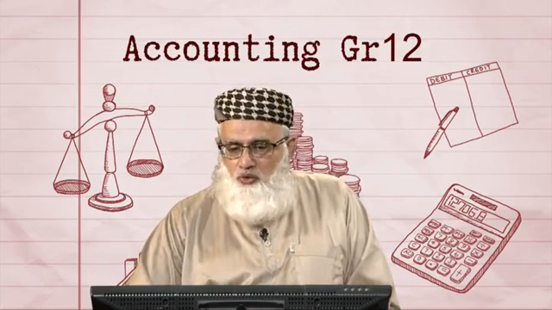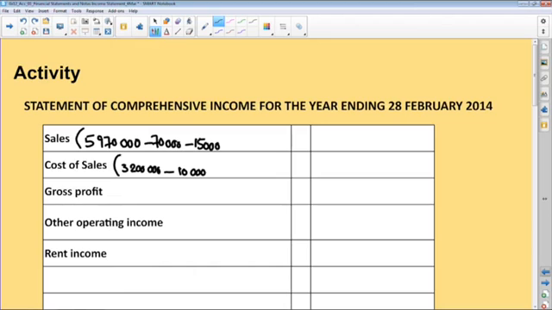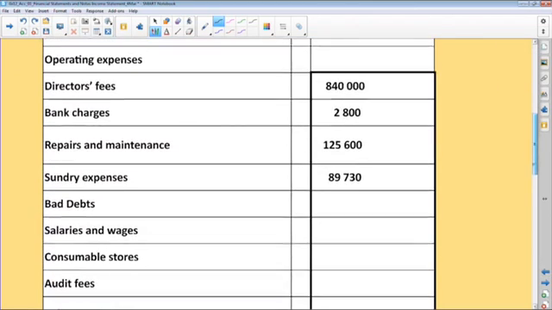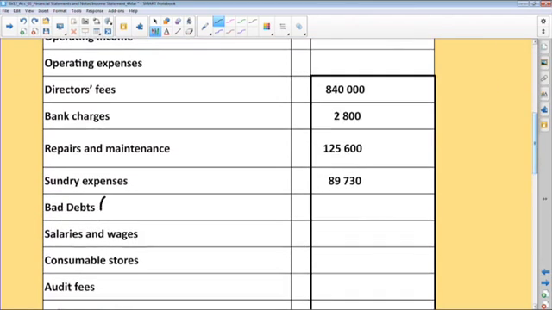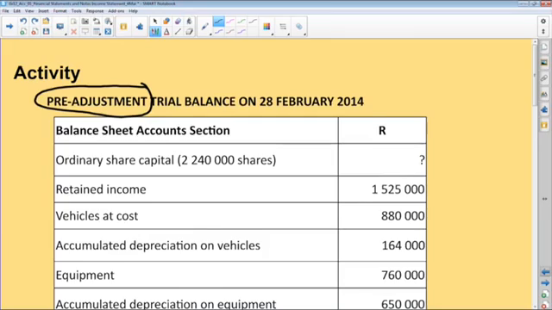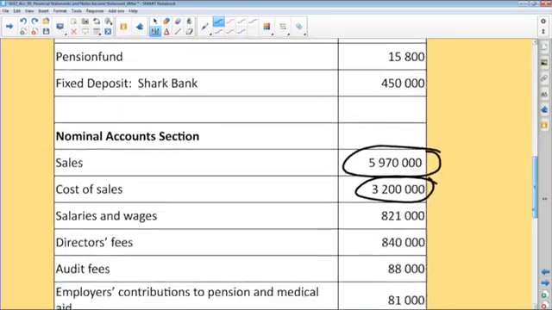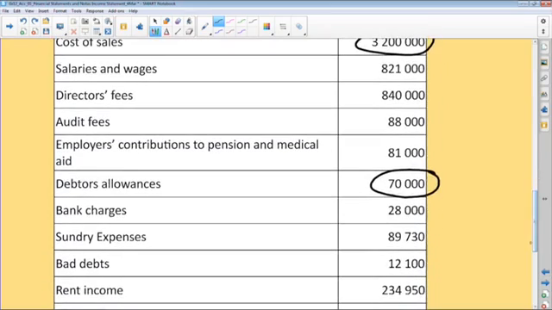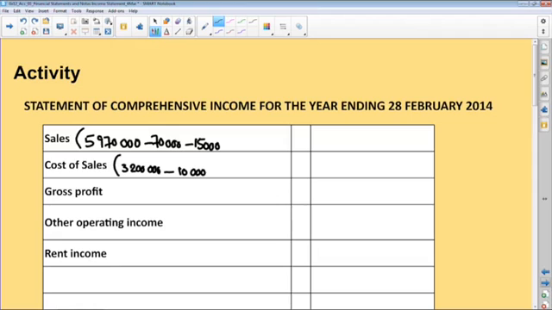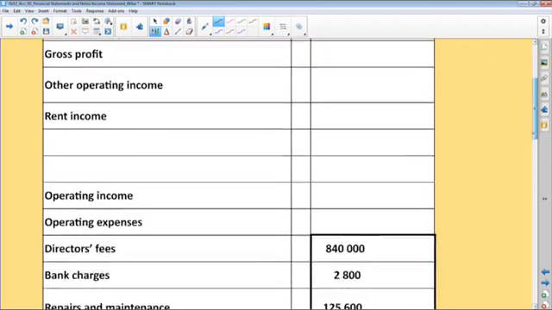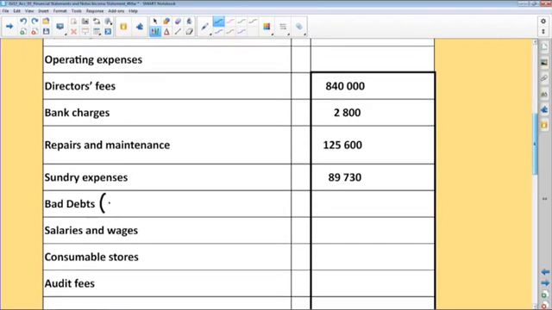Now, if I go to my adjustments, under my bad debts, open my bracket, step number one, identify, did I have a bad debt prior to this one? Certainly I had, 12,100. Therefore, I take my amount of bad debts, 12,100, from my pre-adjustment trial balance. What do I add to it?